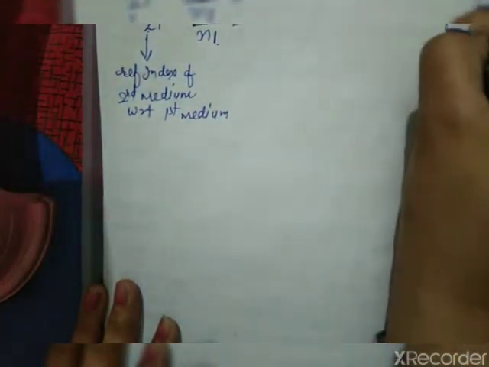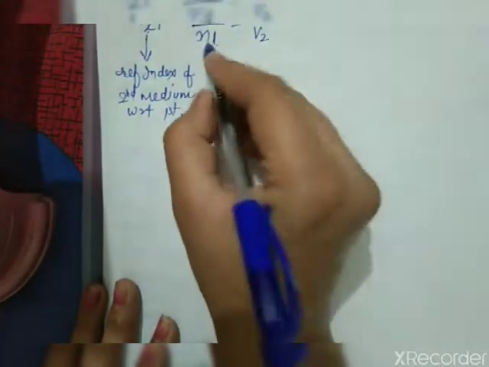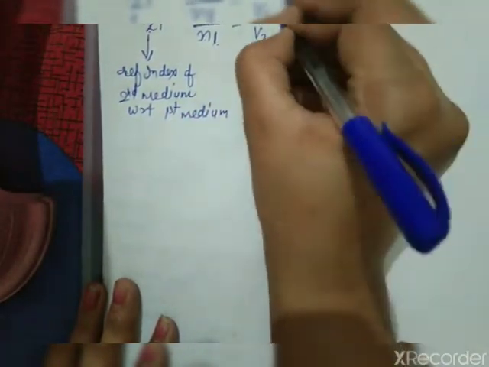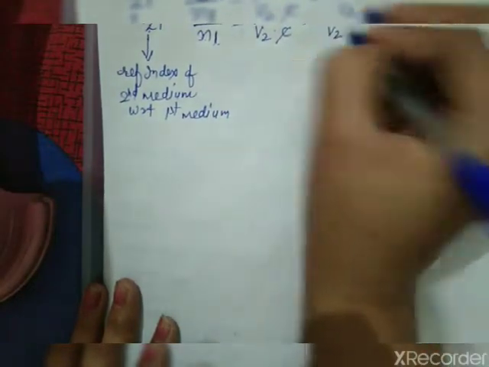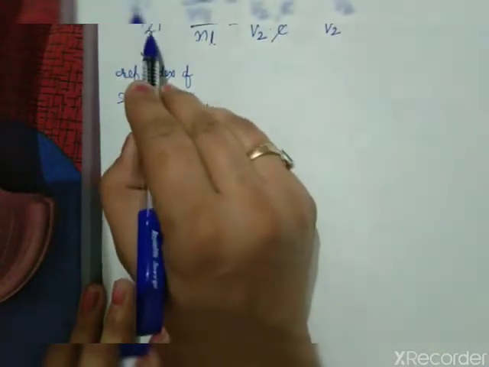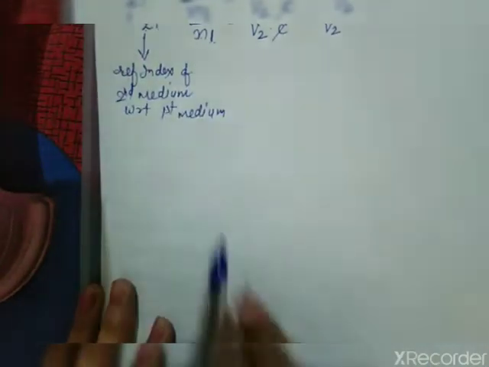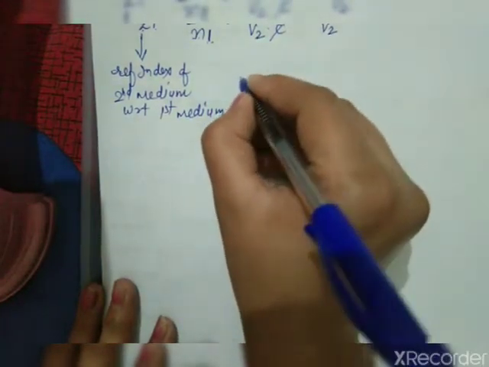What is n2? As n is equal to C by V, so n2 is equal to C by V2. What is n1? C by V1. Cancelling, it will be V1 by V2. Okay, so in this way we have found out the value of n21 and n12 also.